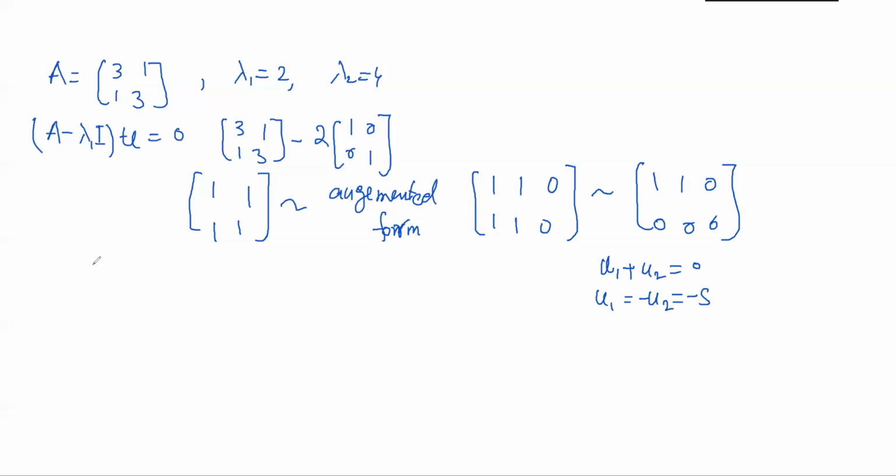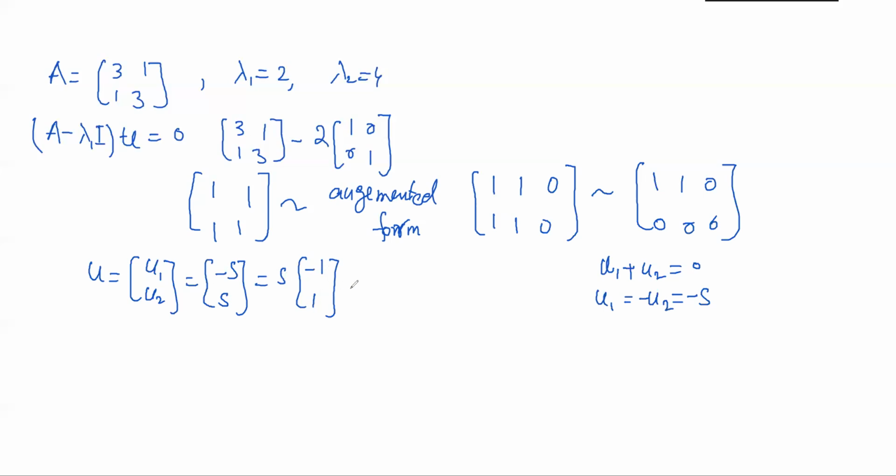Okay, so the solution in this case, u1 u2, will be minus s and s. Or if you take s as common, it will be minus 1 and 1. So s is just a general number, an arbitrary constant.